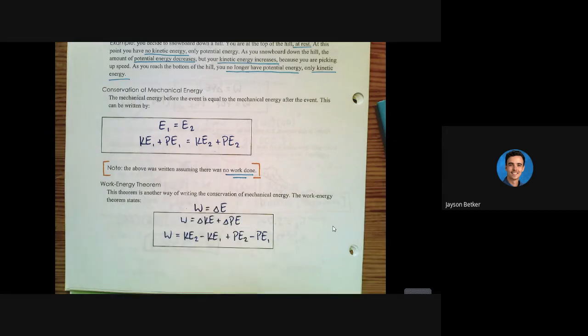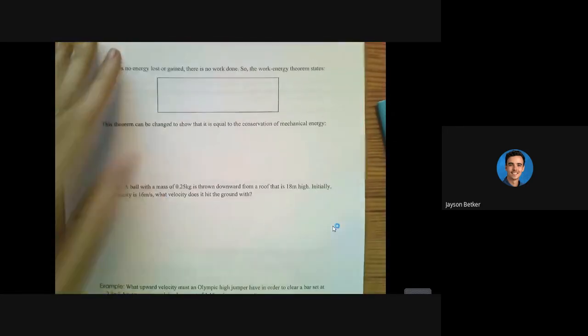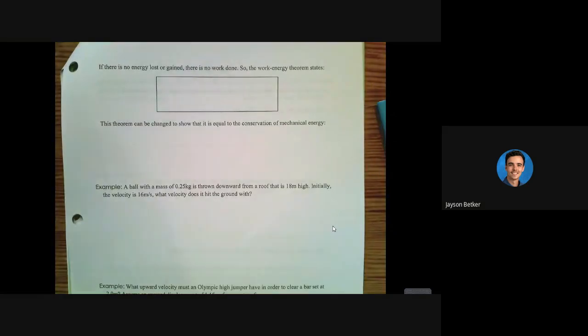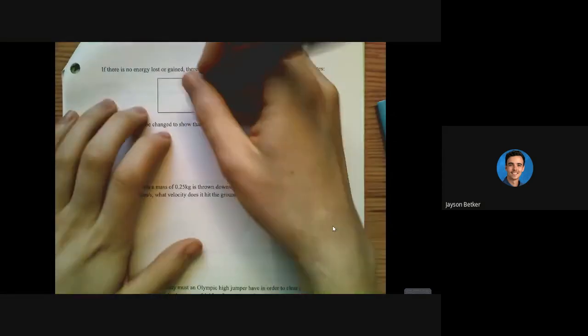Now, let's take a look back up here above and assume that there was no work done. If there's no work done, let's go to our next page here and replace work with our numerical value for none, which is 0. If there's no work done, that means that work is going to be equal to 0.